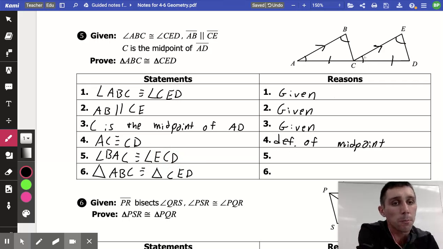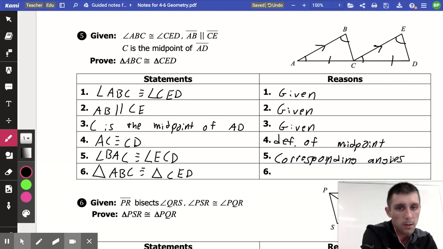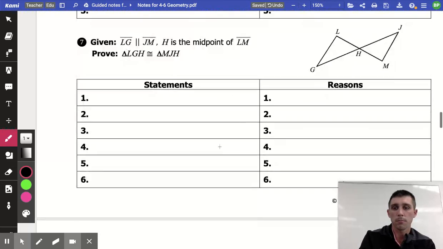If they're in the same spot on a different transversal in the same location, they are corresponding angles. All right? So then number 6, what is our reason? Angle, angle, side. All right? Good job. We're going to skip 6 and 7.